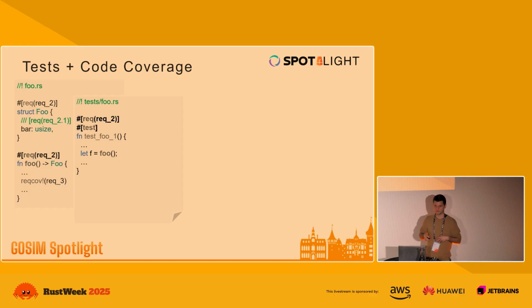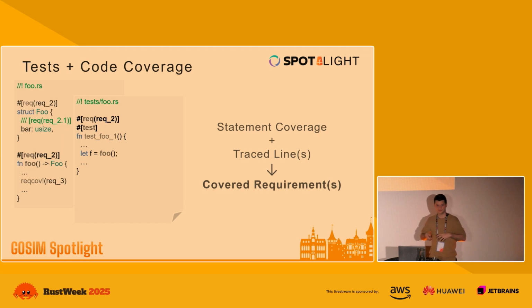And now once we run and execute this test and collect statement coverage, we can link the covered lines to the requirements that are traced to those lines, and this gives us, collecting everything together, a confidence that requirements are actually covered by tests.